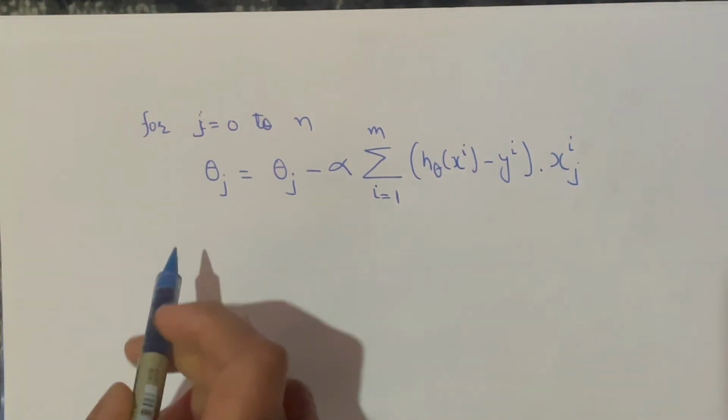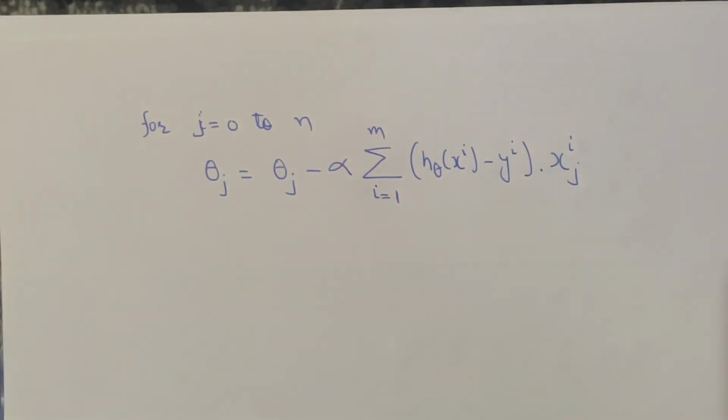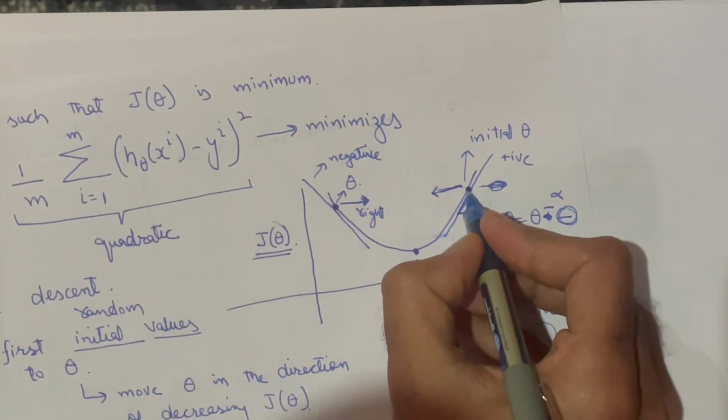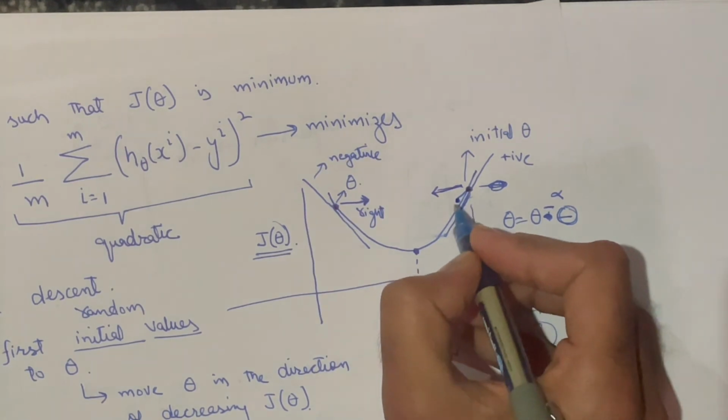Okay, now I have to update each theta. So that means I am updating this particular theta. So this particular theta means I have moved 1 point down.